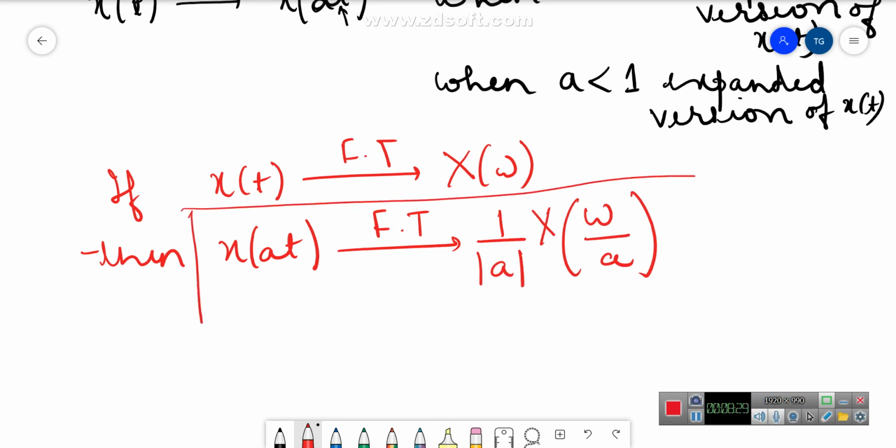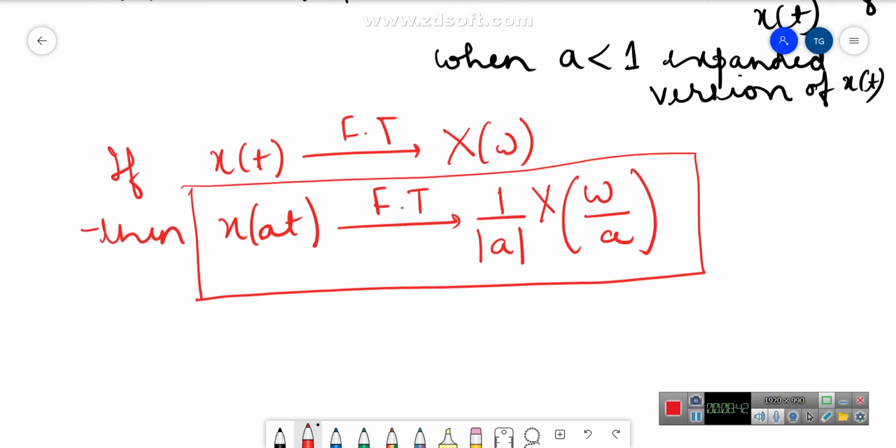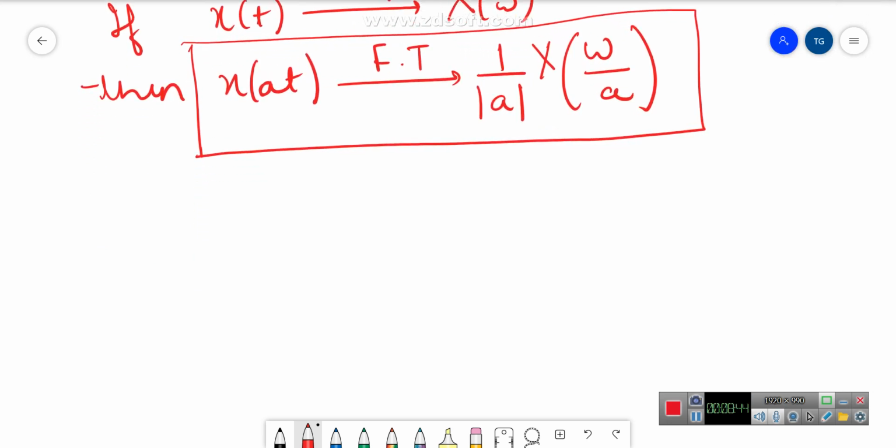So when my time domain signal is getting multiplied by a constant a, then in frequency domain my frequencies are getting divided by that same constant a. This is what the property states, and we will now prove it.